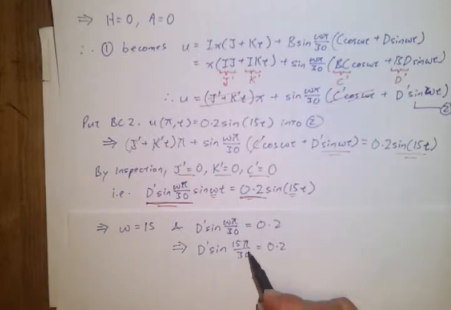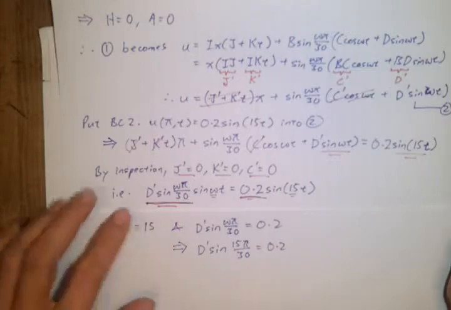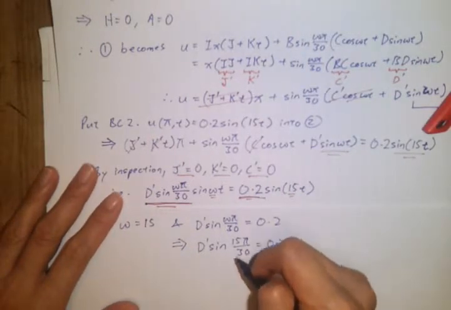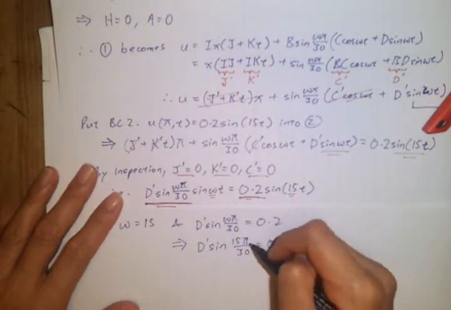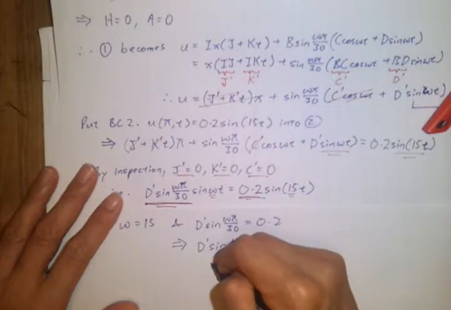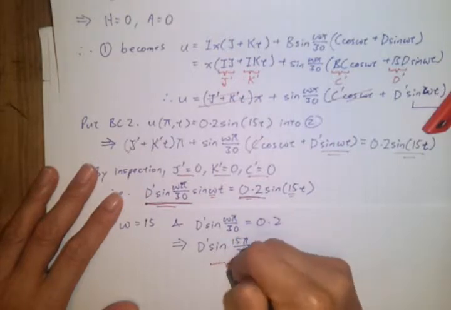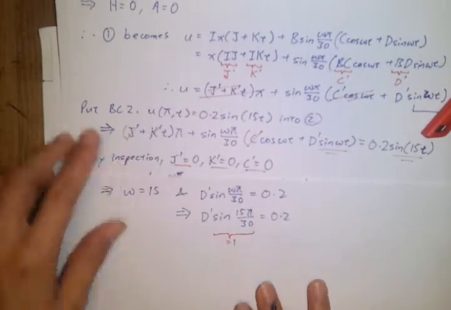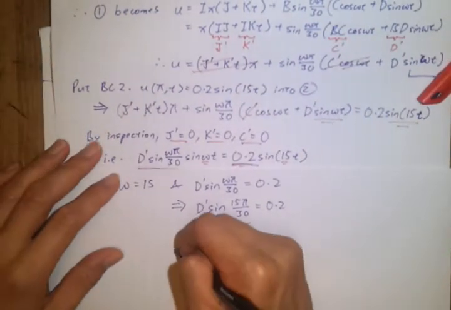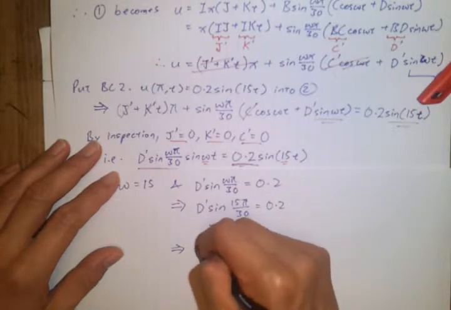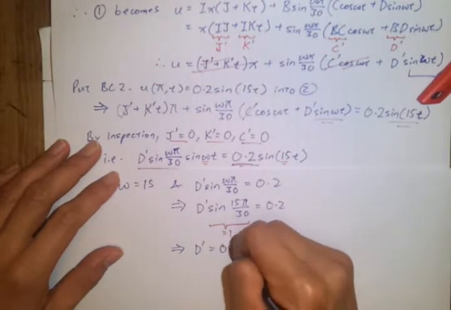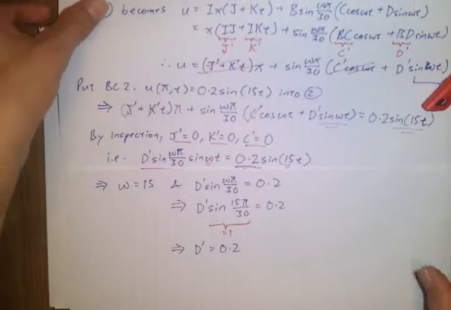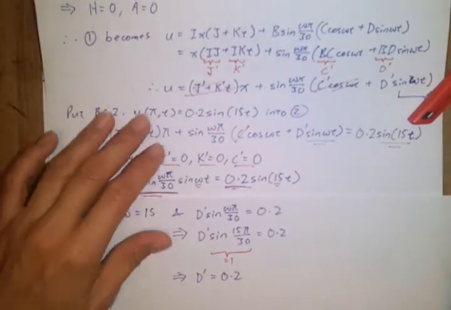Sine 15 pi over 30 is actually sine pi over 2, which is equal to 1. So this means that d prime is 0.2.